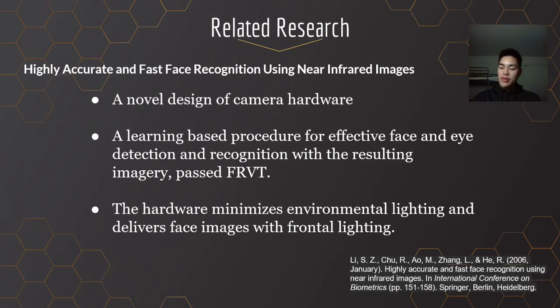The second method is to put a long pass optical filter on the camera lens to cut off the visible light and allow the near infrared light to pass through the camera, so that it becomes easier to look at the user's face.